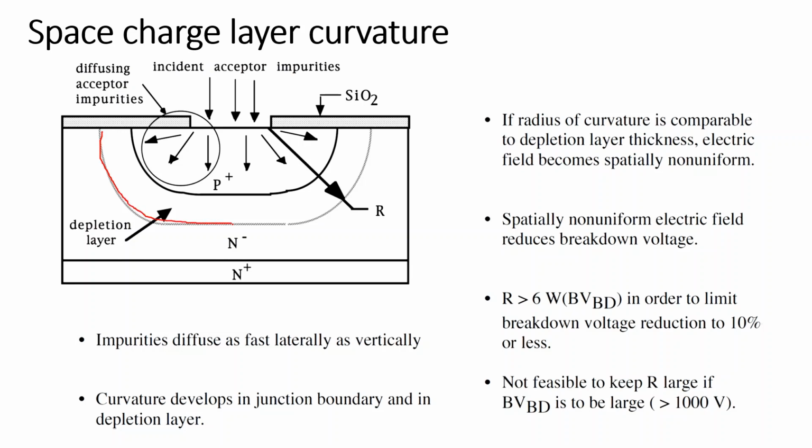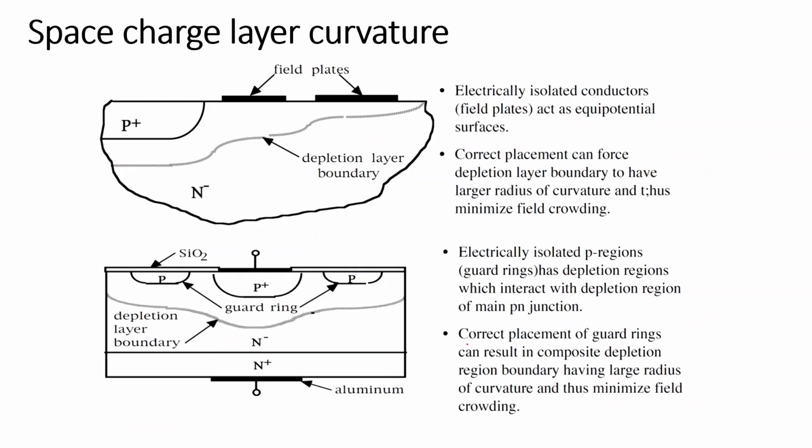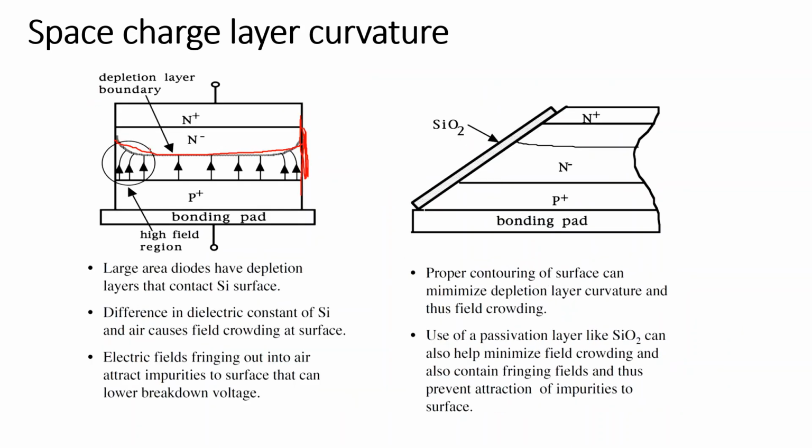If this depletion layer is wide enough that it touches the silicon surface here, then there is some problem with the electric field, and there will be some fringing here, and because of this fringing, breakdown voltage capability reduces again.